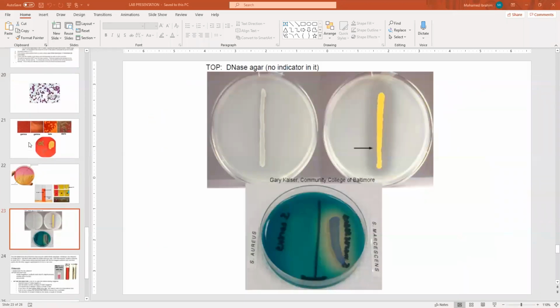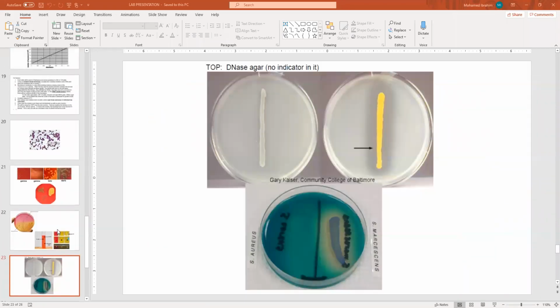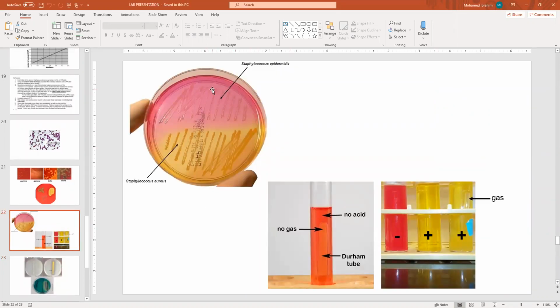When you have this kind of shape here, you need to know that when we do a sugar fermentation, we have the media and we have an indicator in the media, which gives it this kind of color.